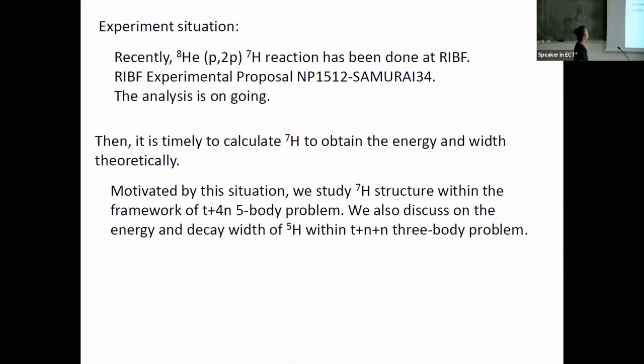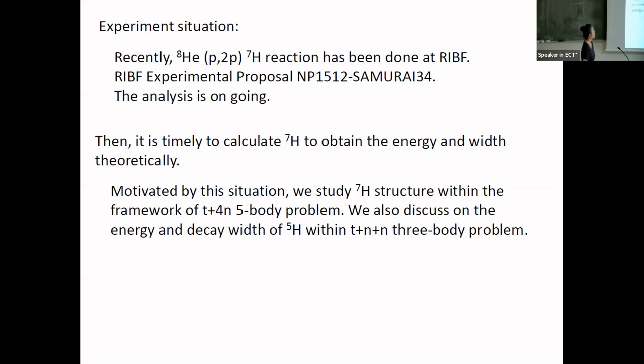Then there is also the experimental situation. I heard recently that at the RI Beam Factory, this reaction has been done, and the analysis is ongoing. So I think it is timely to calculate hydrogen-7 to obtain the energy and decay width theoretically.